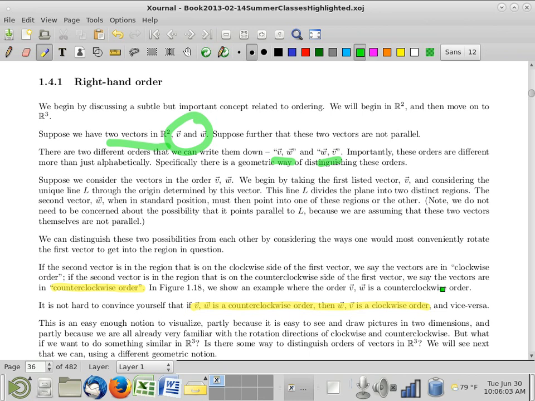I don't want to say this is alphabetical order and that's reverse alphabetical order. That's not geometrically interesting. So given a pair of vectors with an order on them, how would I describe what is geometrically intrinsic to the order that I wrote those vectors down?